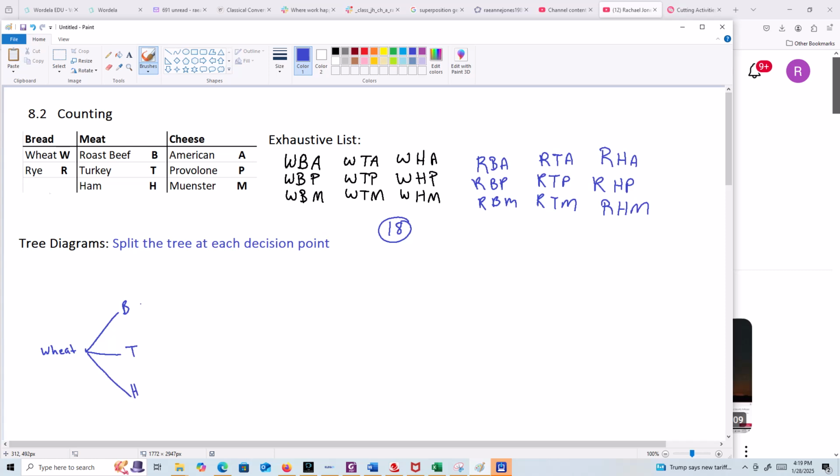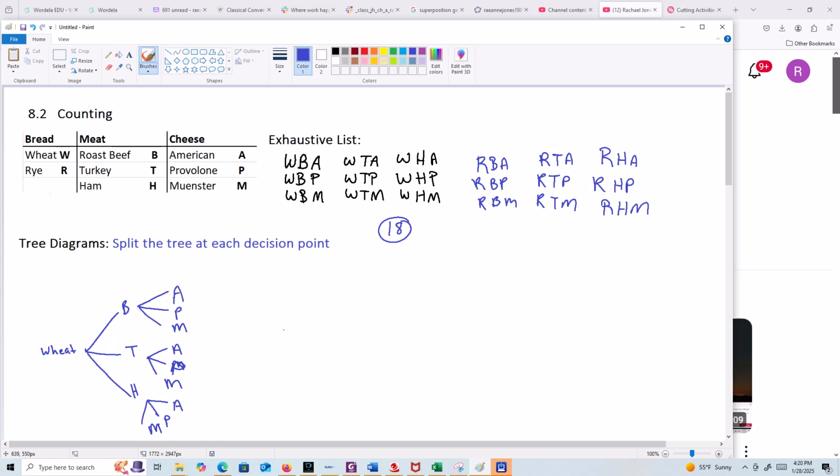And then when we decide on the meat, we also have another decision point. We could do the American, the provolone, or the M. And when we get to the turkey, again, we have 3 choices: American, provolone, and M. That was really sloppy. And then for ham, again, 3 choices.